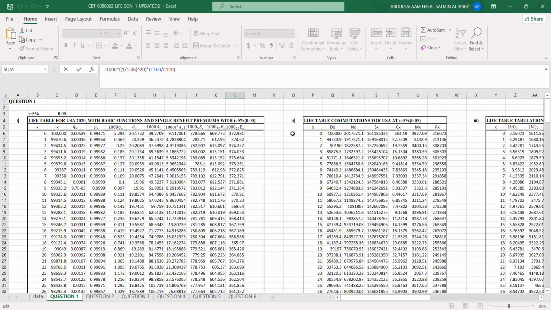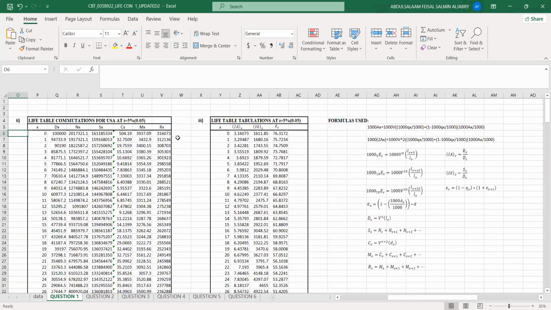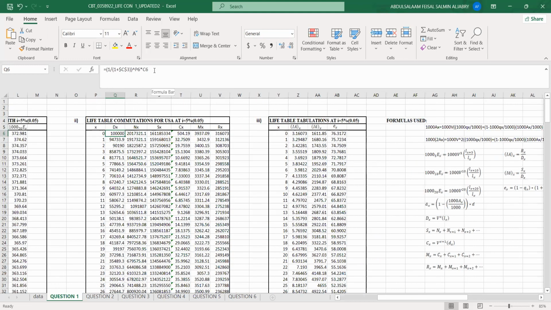Now for Roman 2, we have to find the commutations. We need to find Dx, Nx, Sx, Cx, Mx and Rx. I just noted the formulas down here for you. To start with the Dx, the formula is v power x multiplied by lx.